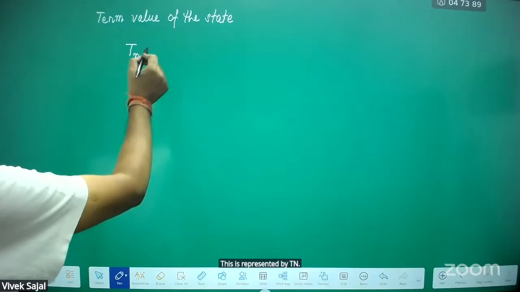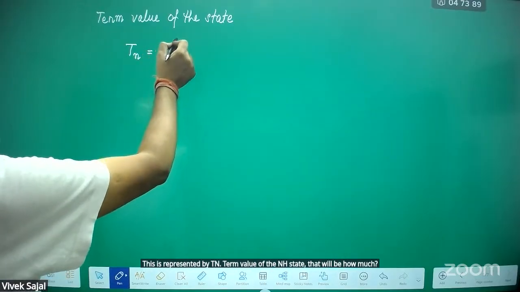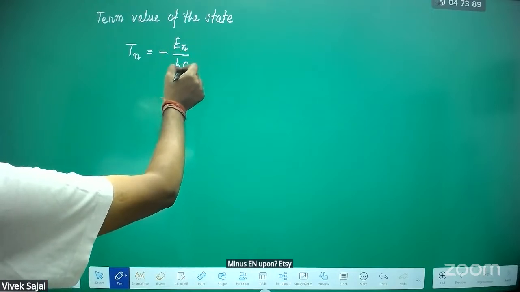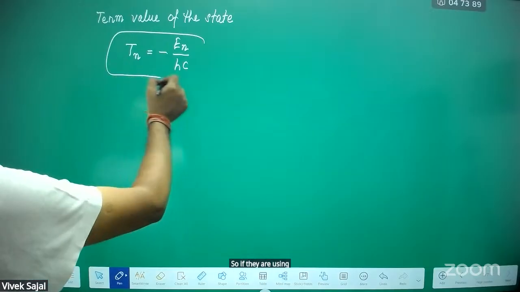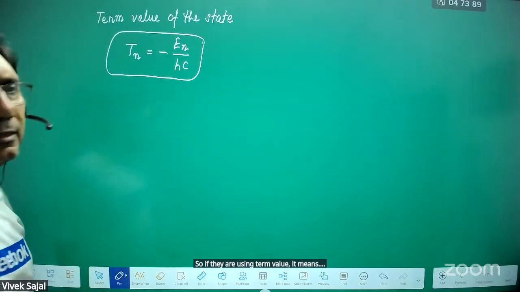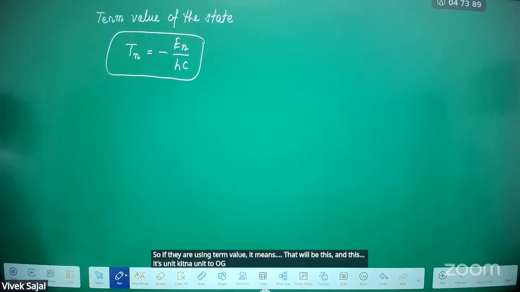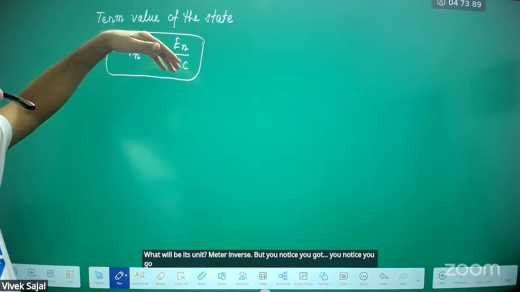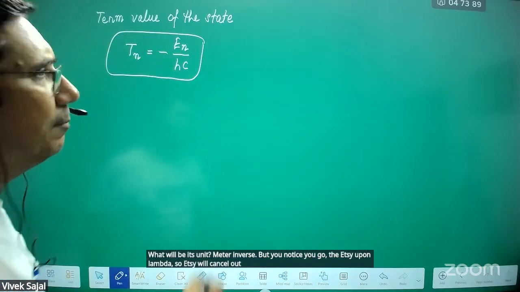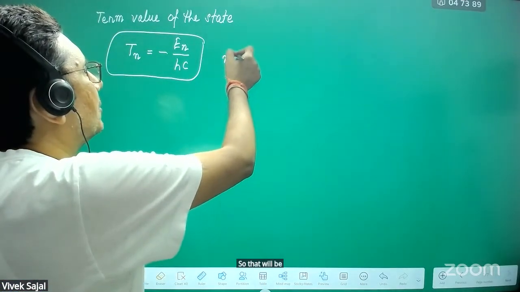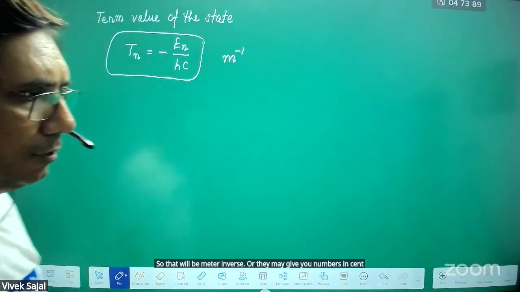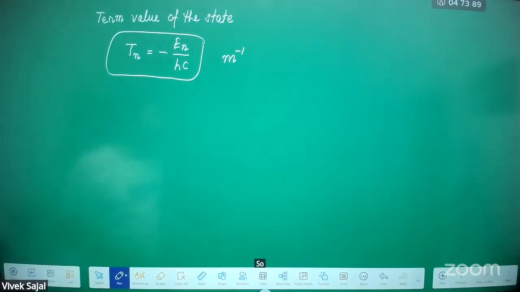Term value of the nth state will be minus En upon hc. So if they are using term value, what will be its unit? बेटा इसका? Can anyone tell me? बोलो बेटा. What will be its unit? Meter inverse. भाई energy क्या होता है? hc upon lambda. So hc will cancel out, 1 by lambda, so that will be meter inverse. ठीक है? Or they may give you numbers in centimeter inverse also. So this is called the term value of the state.